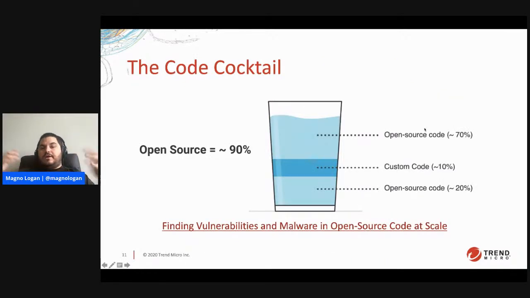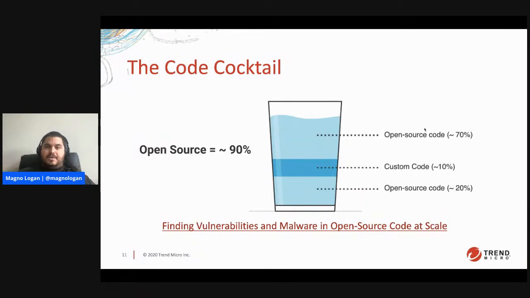So I don't know if you heard about this, but here is one more piece of data for you to understand and worry a little bit more about this problem. This was presented by Mark Curphey, one of the founders of OWASP and the creator of a company called SourceClear, which is now part of Veracode. He presented this code cocktail.